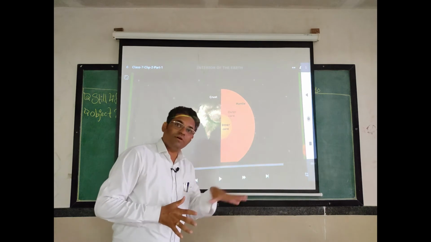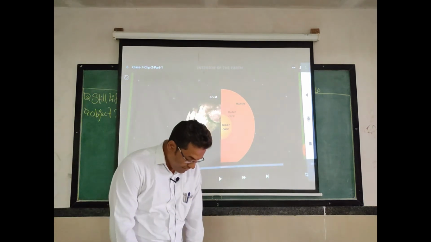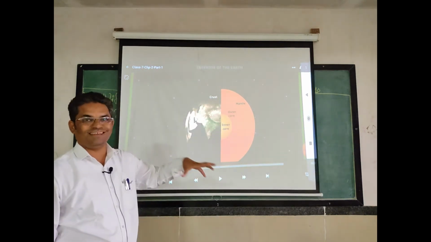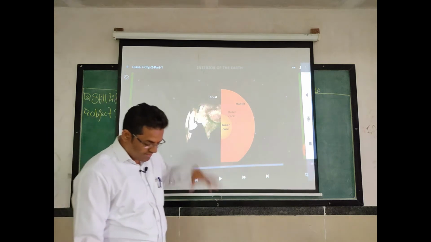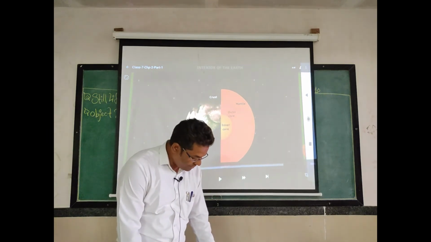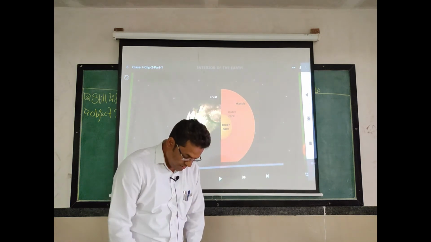From that, somewhere it is 5 kilometers and somewhere it is up to 35 kilometers even. The earth crust extends inside the earth up to 500 kilometers. That portion is called the earth crust.